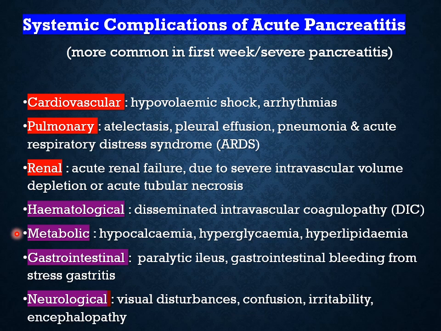Metabolic complications: hypocalcemia, hyperglycemia, and hyperlipidemia. Gastrointestinal complications: paralytic ileus, stress ulceration and bleeding. And neurological: visual disturbances, patient becomes confused, irritable, or even goes into encephalopathy and coma.